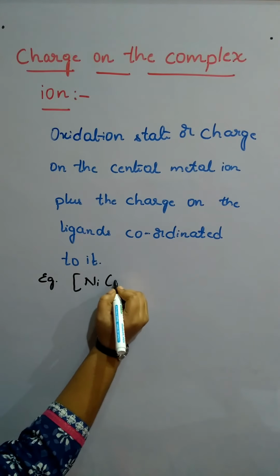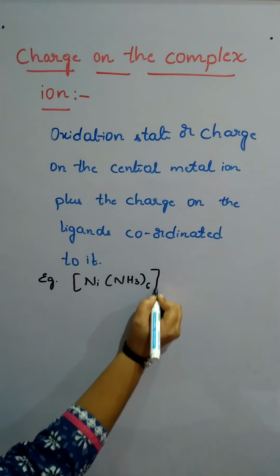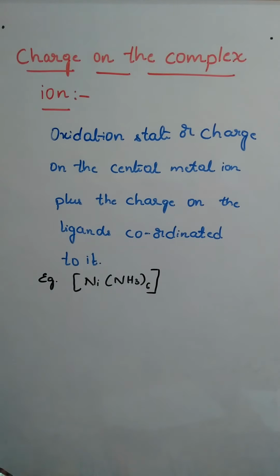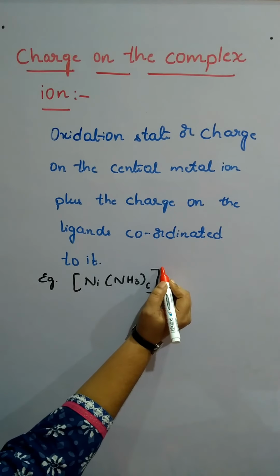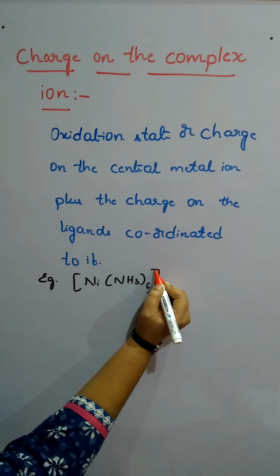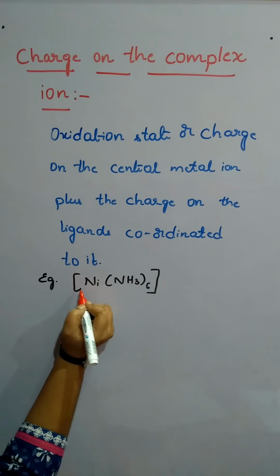Example, Ni(NH3)6. Now we are going to calculate the charge on the complex ion. The charge is always the right superscript on the square bracket.